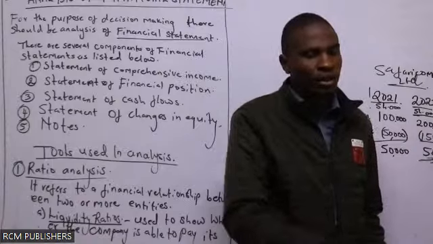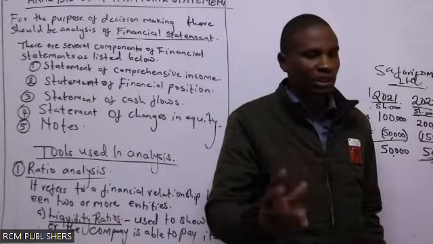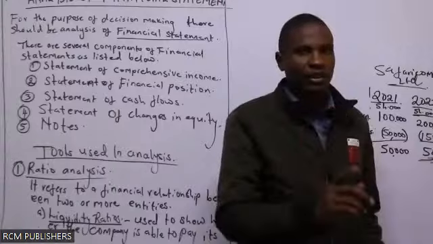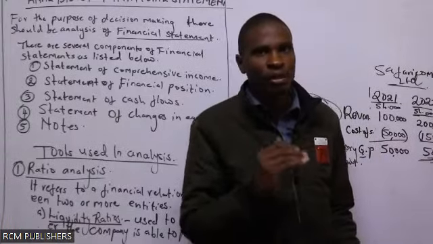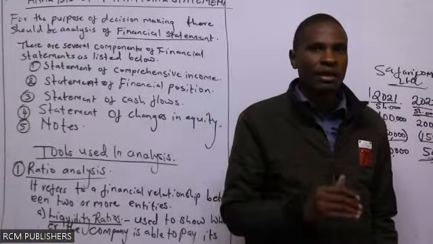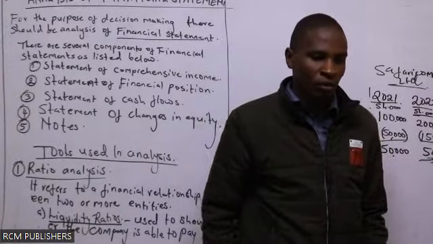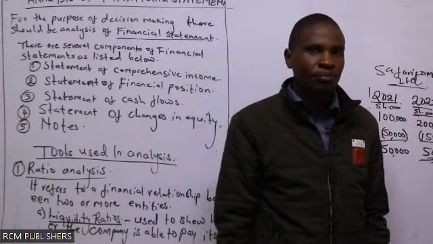When you hear of short-term and long-term, how do we differ? One year. Yes, short-term debts are payable within a period of one year. Long-term liabilities are payable within a period of more than one year.